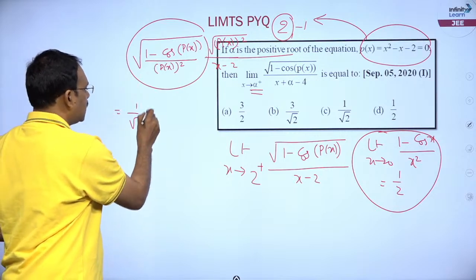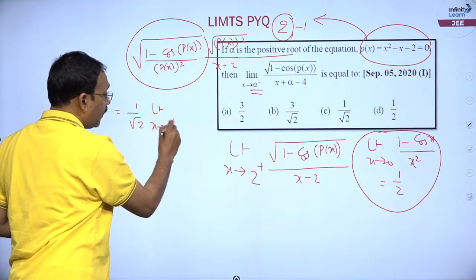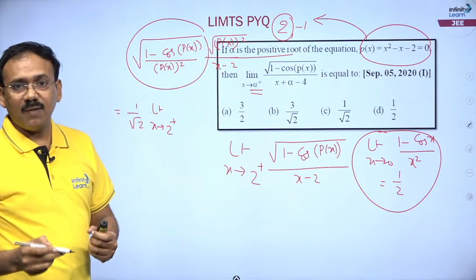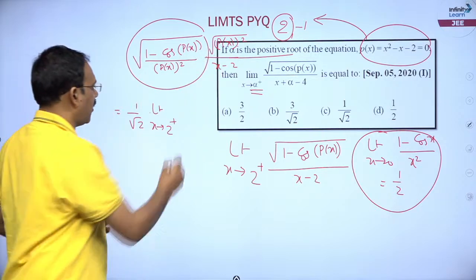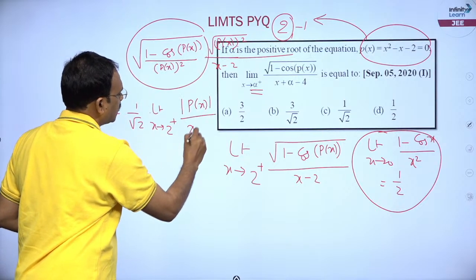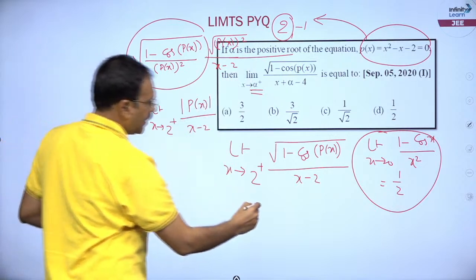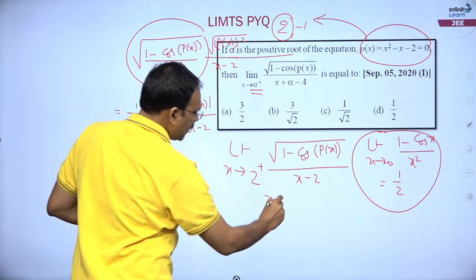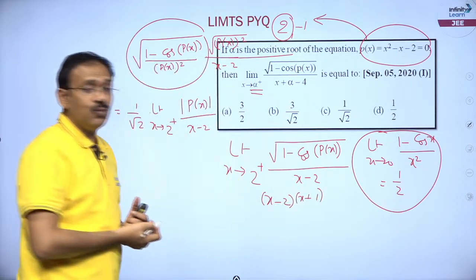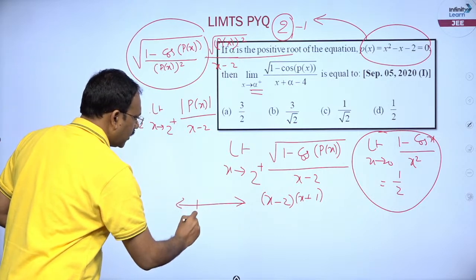Now this into the most important limit, x tends to 2 plus. What is root of p of x square? Be careful, it is mod p of x, modulus of p of x by x minus 2. What is mod p of x? P of x is clearly x minus 2 into x plus 1, whose two roots are minus 1 comma 2. You know the nature of this polynomial.